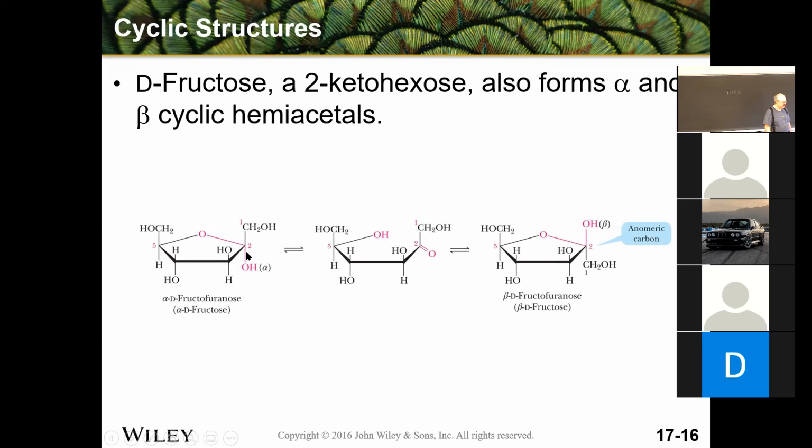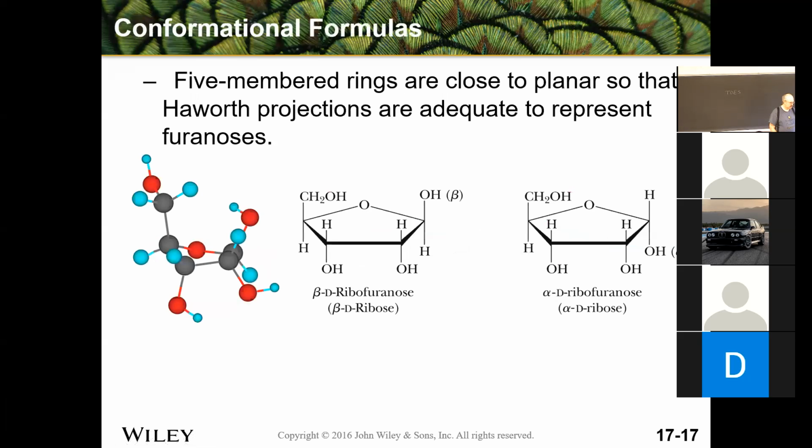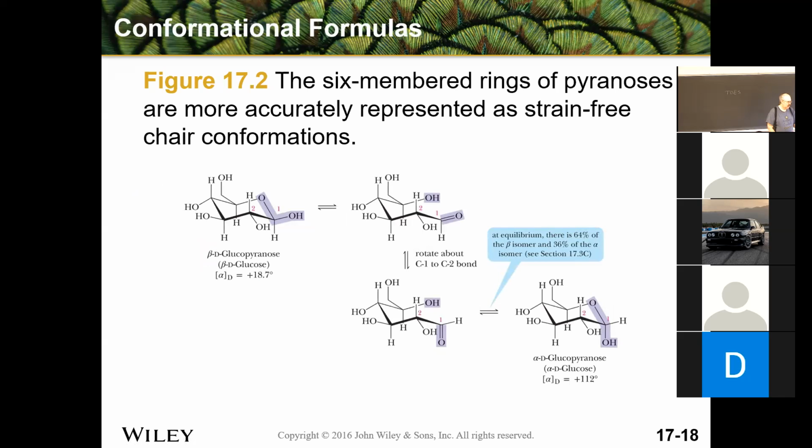This is the anomeric carbon right here. Right, 5-membered rings are actually close to planar, and Haworth projections are adequate to represent furanoses. Six-membered rings of pyranoses are more accurately represented as chairs, which are strain-free.